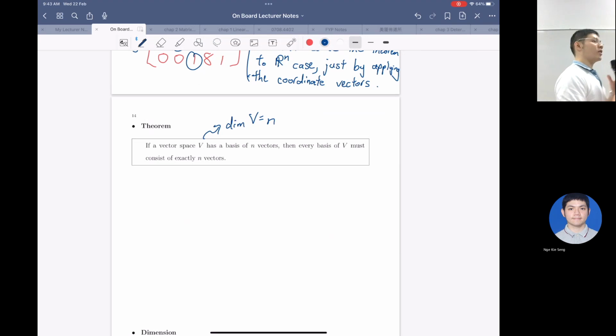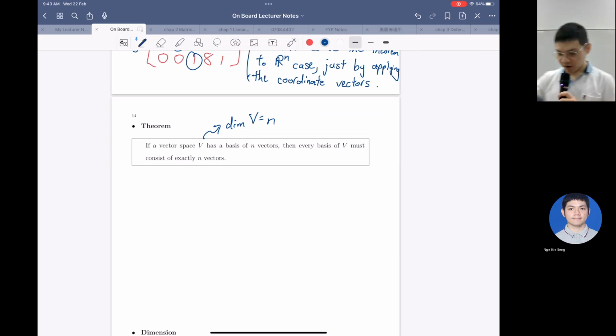Some of you ask me, if I found a basis of Col A, can I add more vectors into the basis or not? Cannot. If you add more, there will be linear dependence. So you cannot change the number of basis vectors in any vector space, including Col A, column space, row space, and null space.